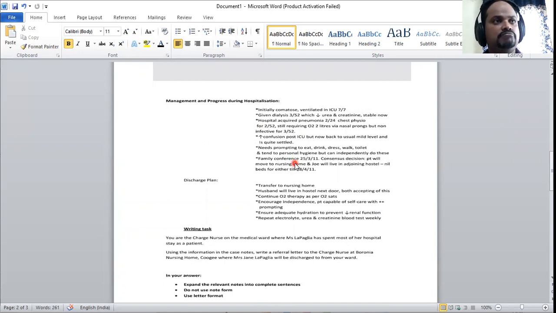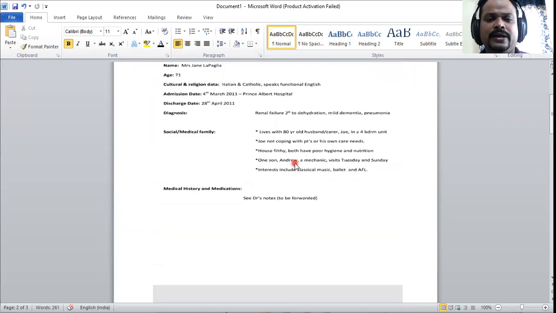And now that she is ready for discharge, they have asked about the social background. When they assessed the social background, we can see that the person living with Mrs. Lapaglia is Joe, her husband, and he is not able to take care of his own needs, and he won't be able to take care of his wife too.